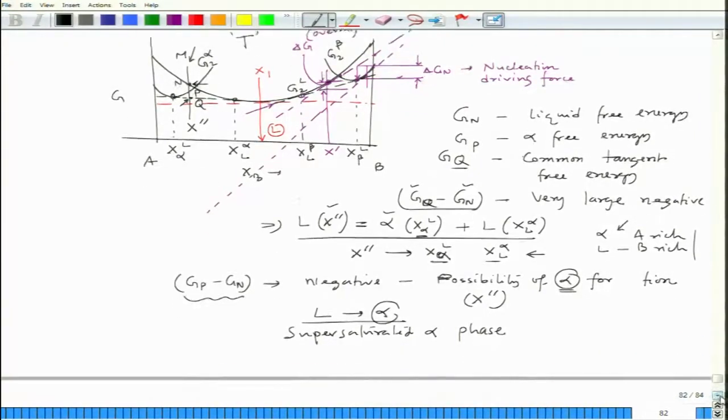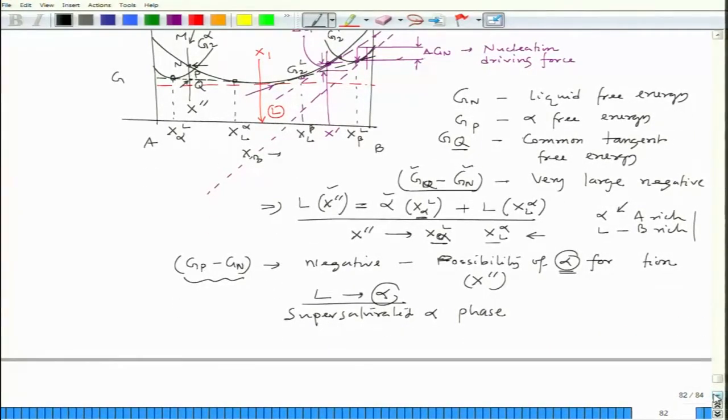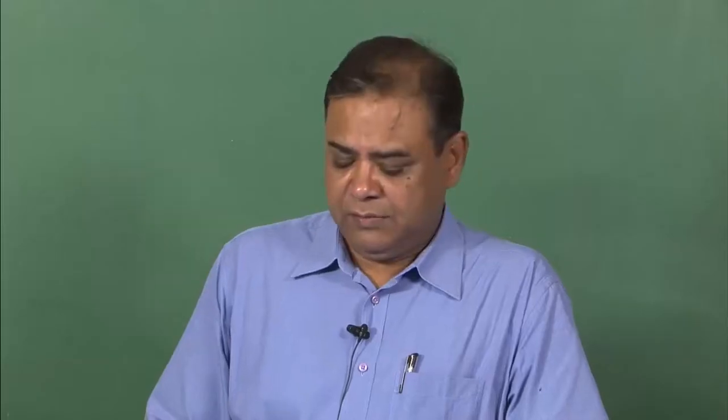And this supersaturation is extremely important from the point of second phase formation, just like precipitation hardening, or many a times these phases can remain stable at room temperature for a long time.